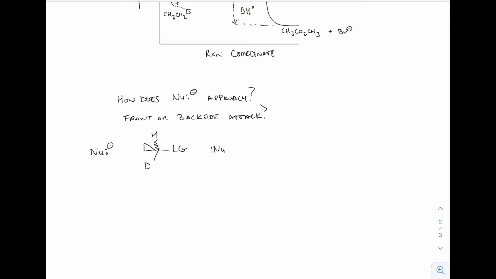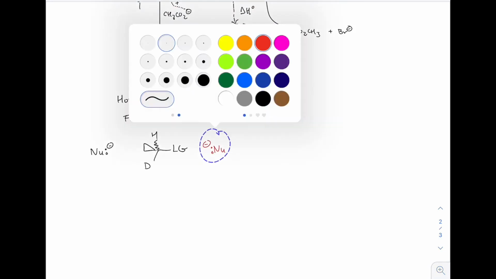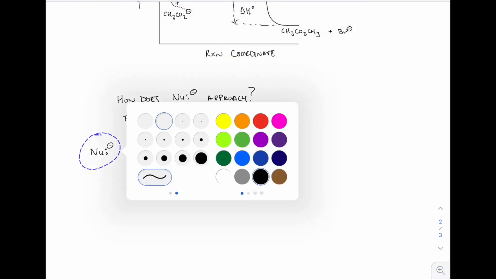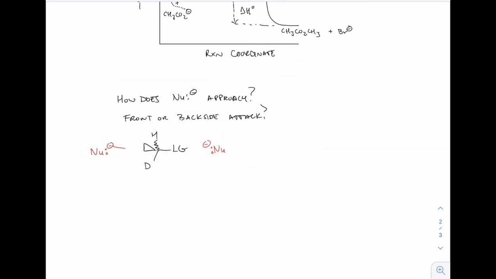So the nucleophile here or here. Let's highlight this in red first, because I like to show the nucleophile in red because that's the electron-rich species. And then attacking from the left or the right, the left is a backside attack. So it's basically approaching from, quote unquote, behind the leaving group.